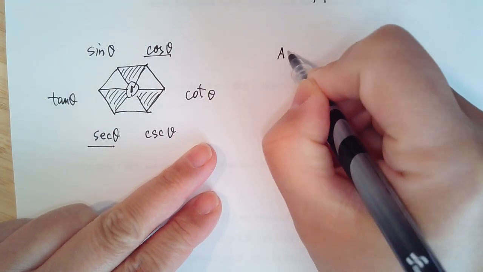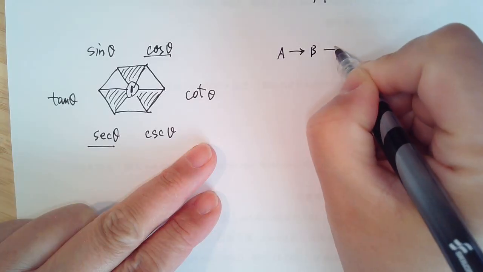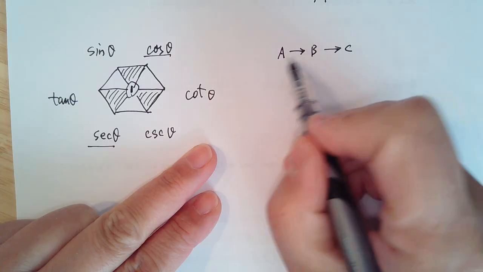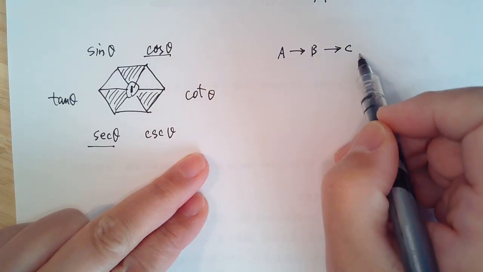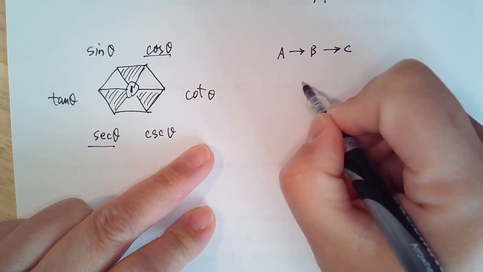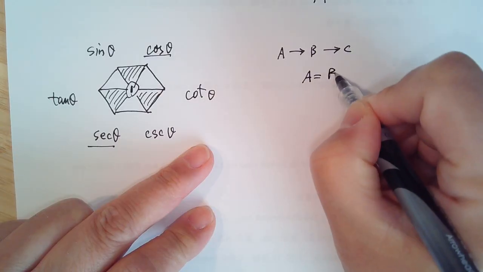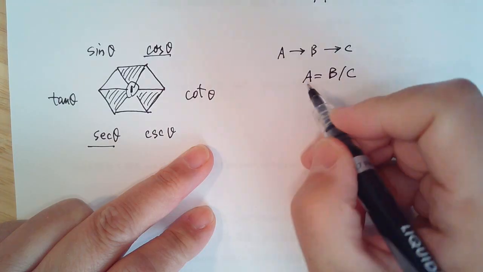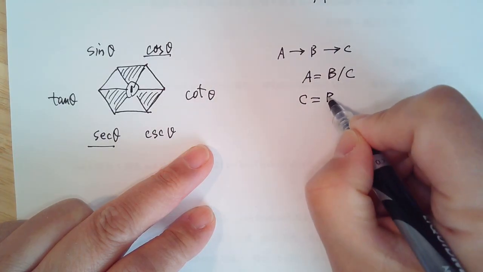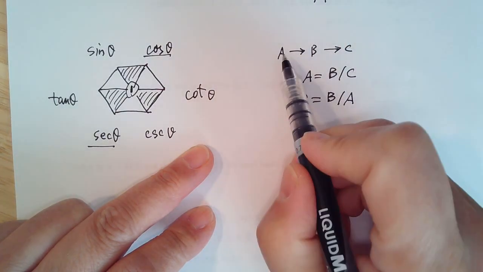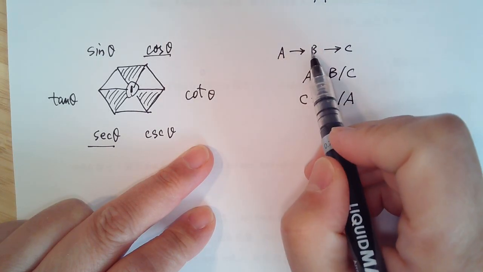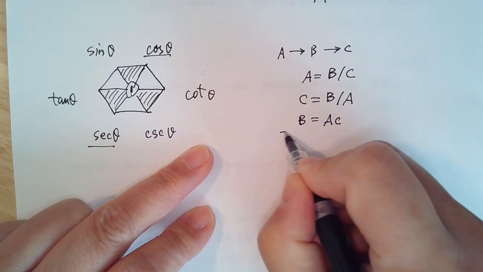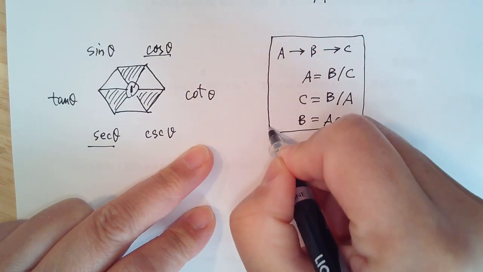If you have item A, item B, item C, 3 items, all consecutive, next to each other, so A to B to C, then A equals B over C. So A is B over C. Backwards also works, so C will be B over A. Or the 2 at the end multiply, you get the product, which is the middle one. So B is AC. Okay, so this is my rule number 1.